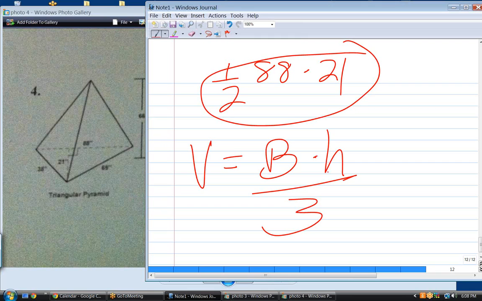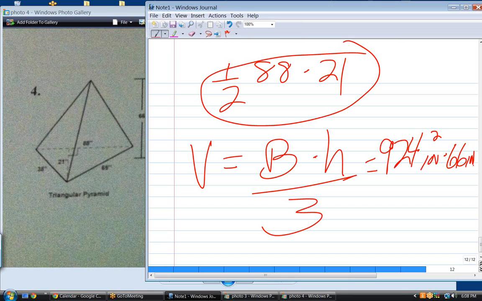And that's 924 squared, you said? It's just 924. It is in square inches. Watch what happens here. The area of that base is in inches squared. Then I'm going to multiply it by the height, which is 66 inches. So I've got inches squared times inches. That's cubic inches, which is what we want volume to be in.